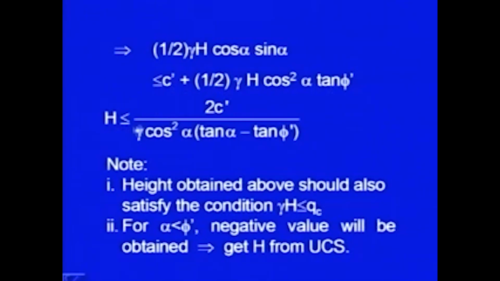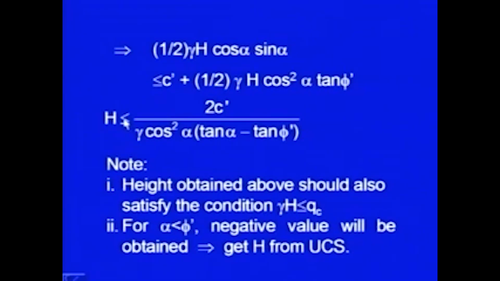So, for a stable slope, take this quantity h outside and then simplify this expression, and you are going to get h less than or equal to 2 c dash over gamma cos square alpha bracket tan alpha minus tan of phi dash. So, this expression is going to give you the limiting value of h.